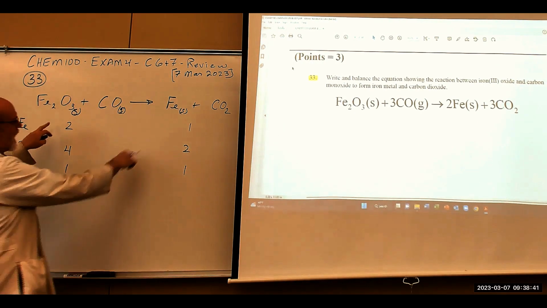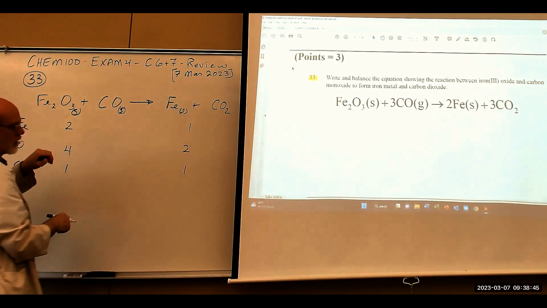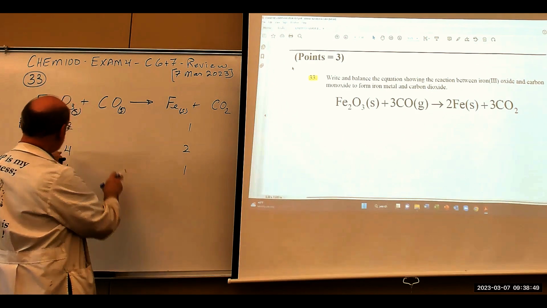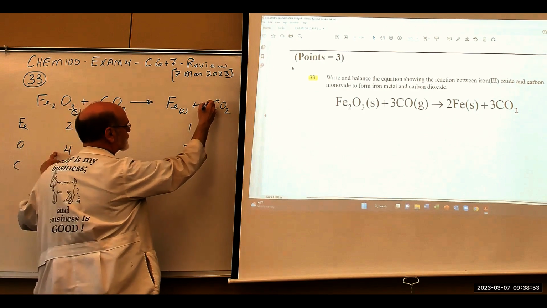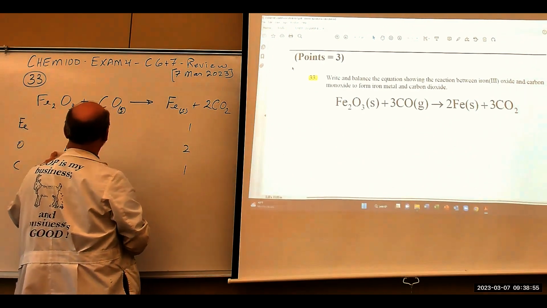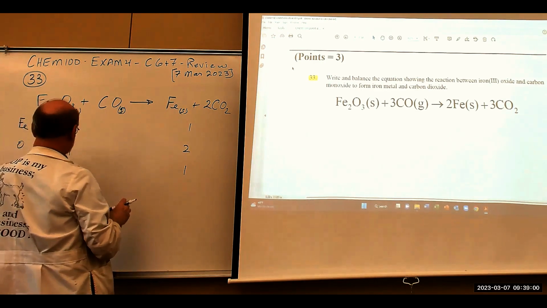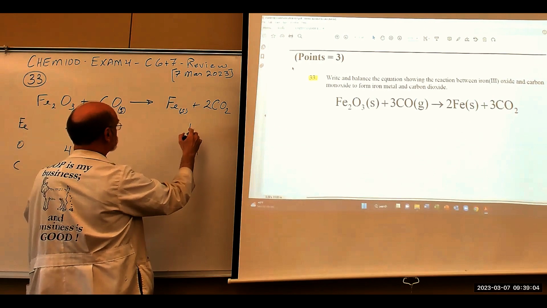So we're not going to mess with iron yet because it's an element. We're going to save it. That's one of the tricks. So we're going to do oxygen. Okay. We need 4 oxygens on this side. So that gives us 4 oxygens, but it also gives us 2 carbons.